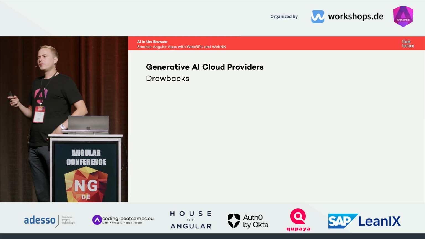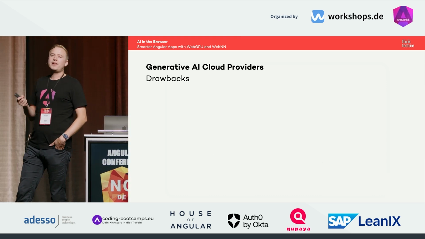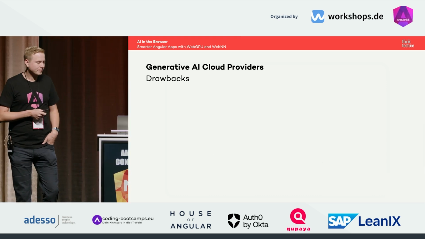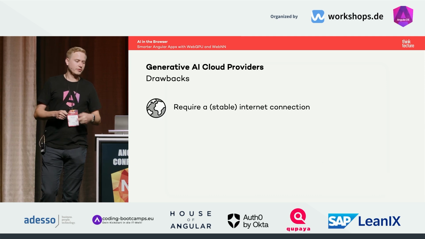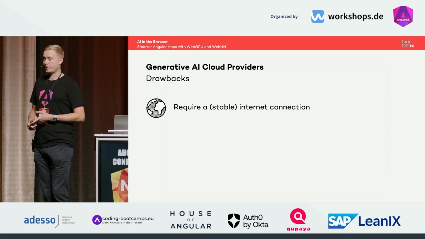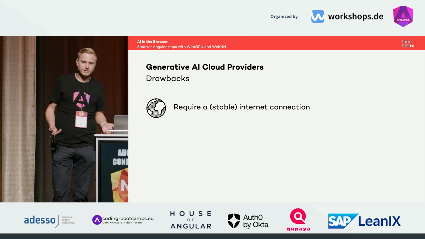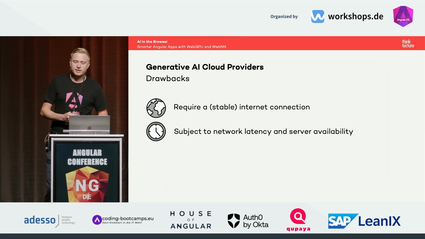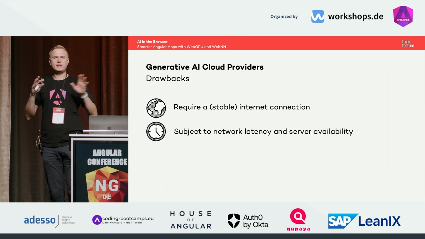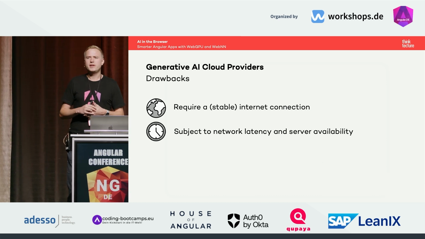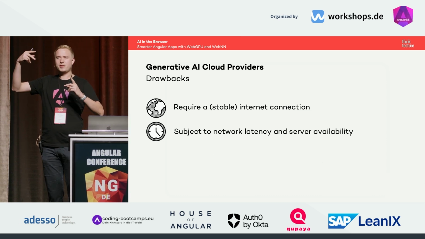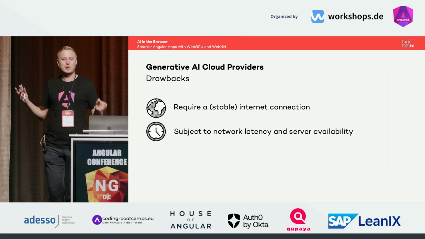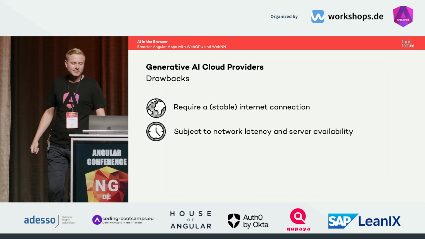However, when you're using cloud services, there are certain drawbacks. And these are that, for example, you need a stable internet connection. You may not always have that. Then it's subject to network latency and server availability. Especially in the early days of ChatGPT, you could run into this "sorry, we are out of capacity" error message screen, right?